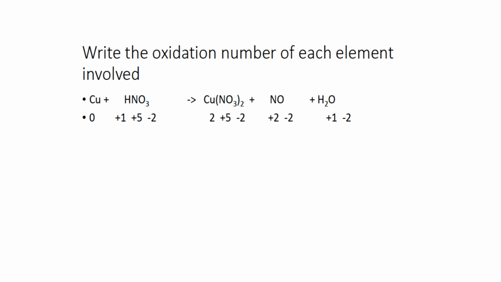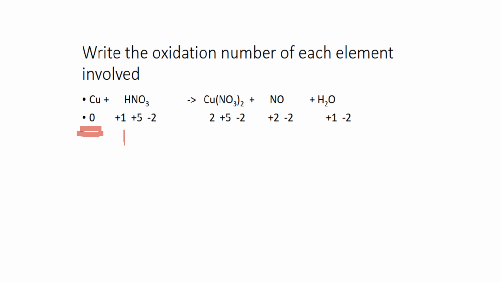The first step that is involved in this particular method is we write the oxidation number of each element that is involved in the reaction. So we start with the first element, copper, which is in the form of copper metal. The oxidation state of copper is 0 here. Then we have the second reactant, nitric acid. So one by one let us write the oxidation state of all the elements.